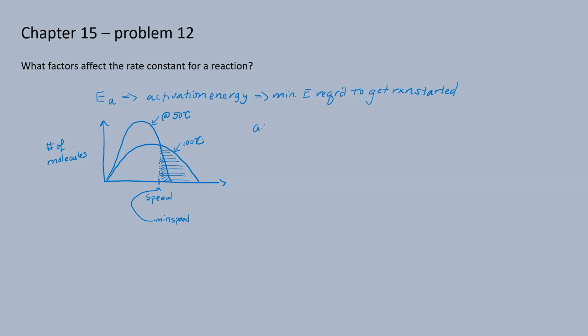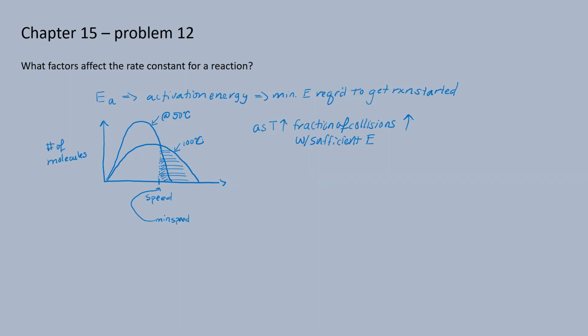So we could say, as temperature goes up, the fraction of collisions with sufficient energy, aka the activation energy, goes up. So we said the activation energy is that minimum energy required. Is it possible to change that?